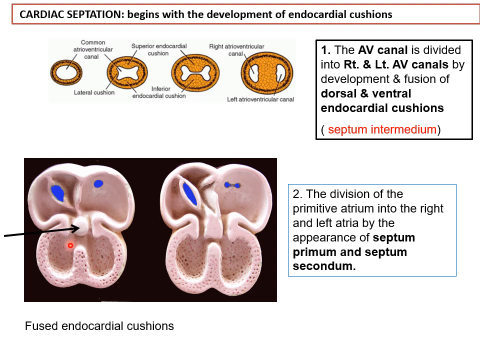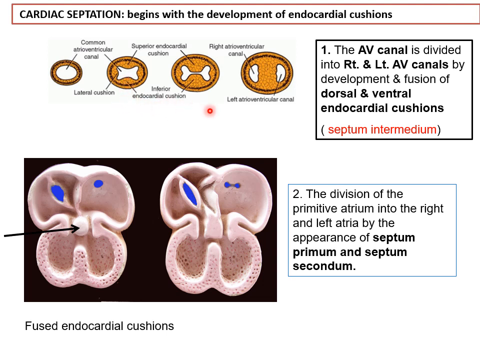Now the first thing to happen is this partitioning of the atrioventricular canal into a right and a left AV canal. How does that happen? By developing of two ridges. So here is an example where two ridges grow from opposite walls, and these are known as dorsal and ventral endocardial cushions.